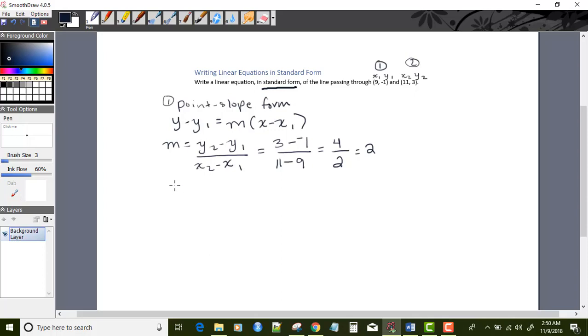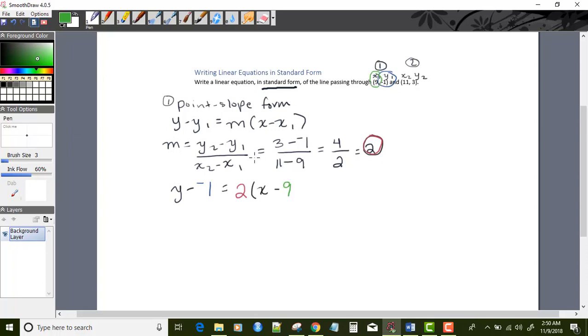Now I'll substitute my point into my equation. So I have y minus, and this is my y1, is -1. So it'll be y minus -1 equals, my slope is m, so my slope here is 2, times x minus, and my x1 is 9.